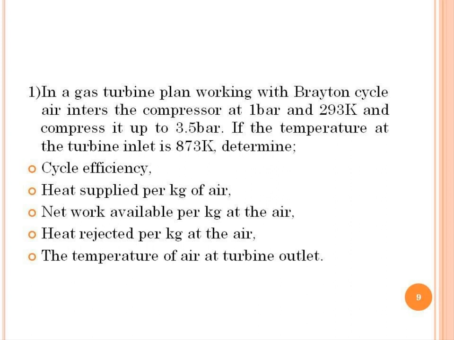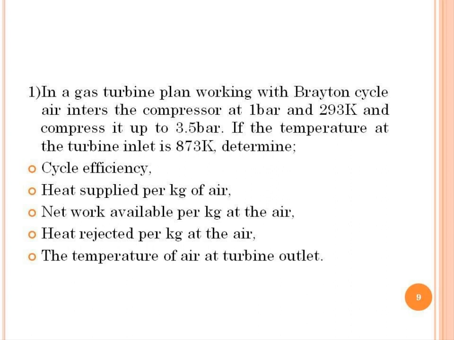Definitely you will get the answer based on the theory which we discussed in the previous slides. So now we will discuss the simple numerical related to the simple open cycle gas turbine power plant. In the data it is given that in a gas turbine power plant working on the Brayton cycle, air enters the compressor at 1 bar and 293 Kelvin and is compressed up to 3.5 bar.